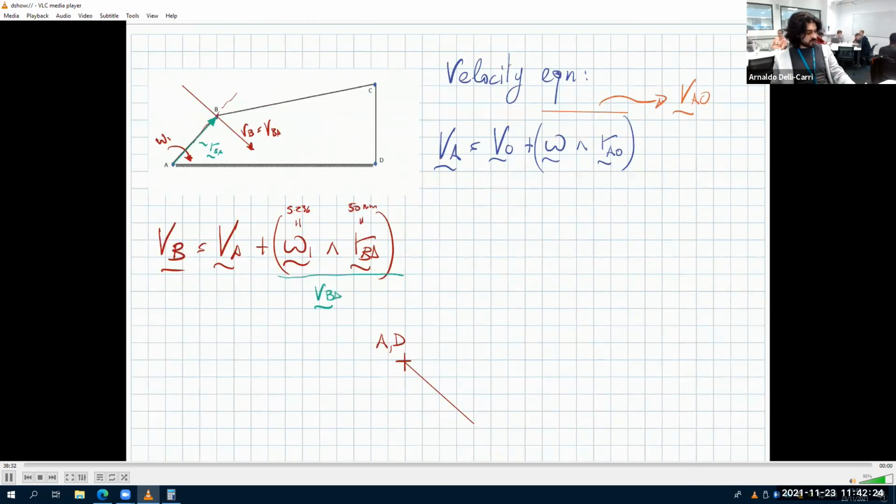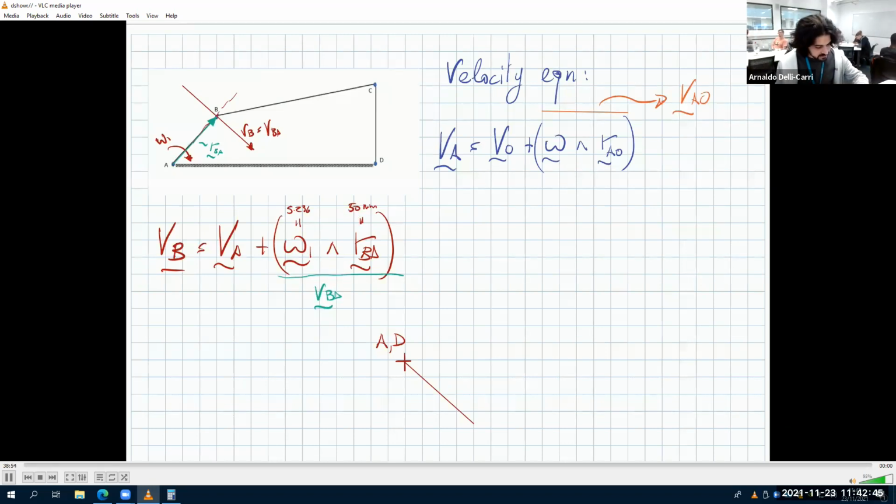So this is a vector product. So it's the magnitude of this times the magnitude of this times the sine of the angle between these two. Now, since this is perpendicular to the paper and this is in the paper, the angle theta is 90 degrees. Sine of 90 is 1. Agreed?